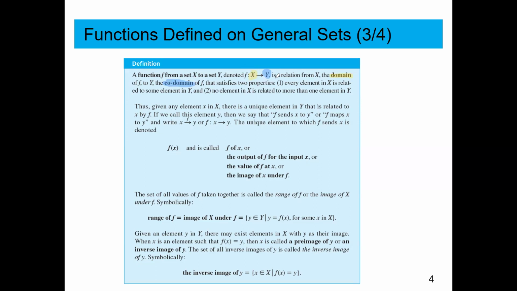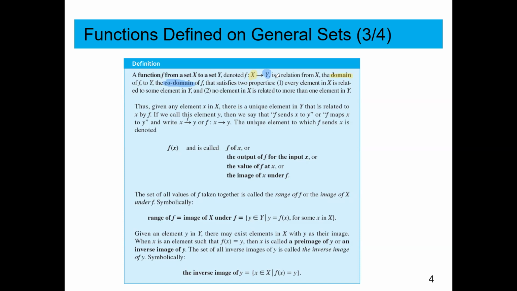If that was everyone in the class, the domain would be everyone in the class. The codomain would be where I'm sending the class to. So if I'm assigning a grade, taking each person and giving out a grade, that codomain could be A, B, C, D. It could be something much bigger.